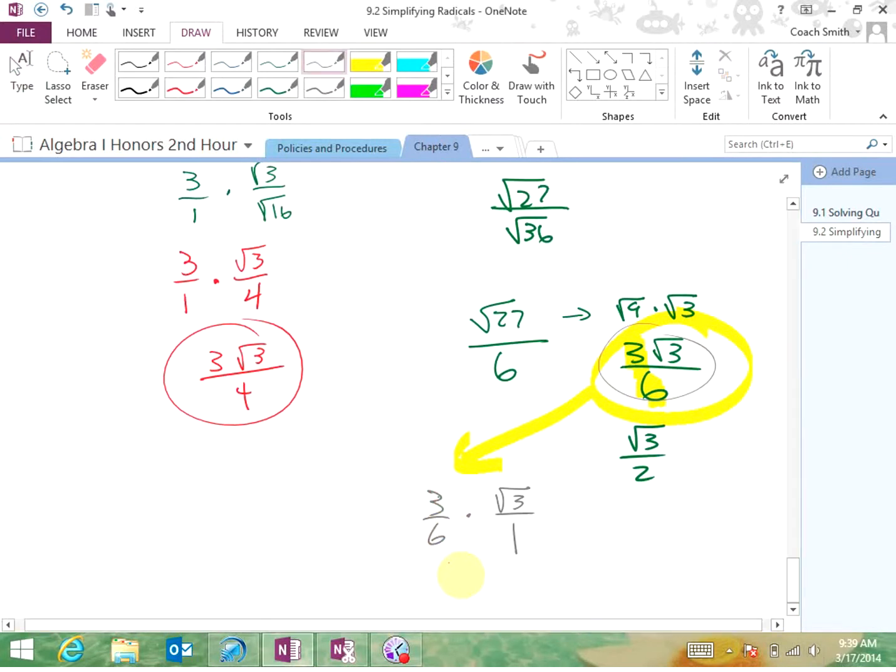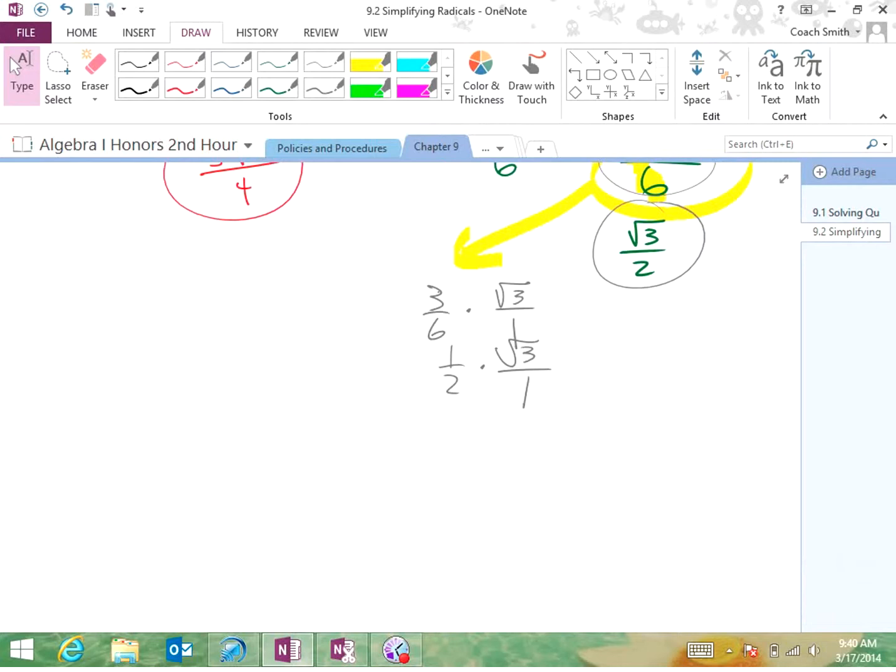So 3 over 6 is 1 over 2 times the square root of 3 over 1. And so the square root of 3 over 2 is in simple form, or simplest form, not in simplistic form.